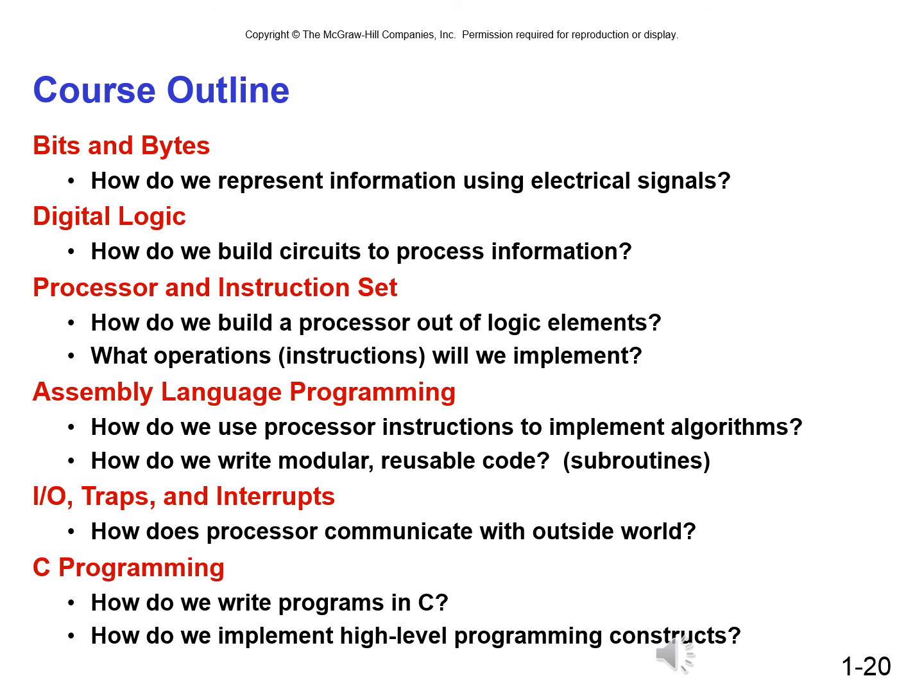And then we'll get into assembly language and machine language programming. And we'll talk about modular, reusable code, subroutines. We'll get into communication, input, output. A processor doesn't really communicate. There's a handshake between the processor and whatever operating system is managing the peripheral devices.